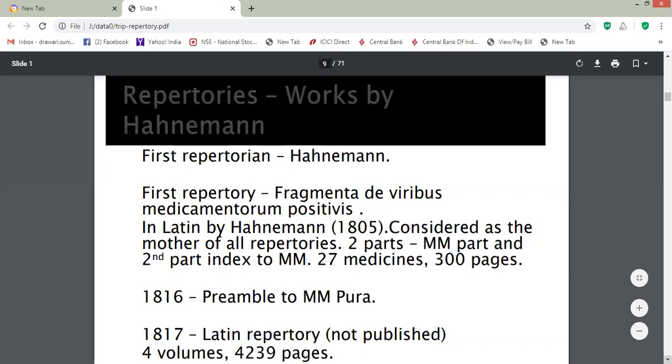In this repertory of Dr. Hahnemann, it included about 27 remedies and had 300 pages.